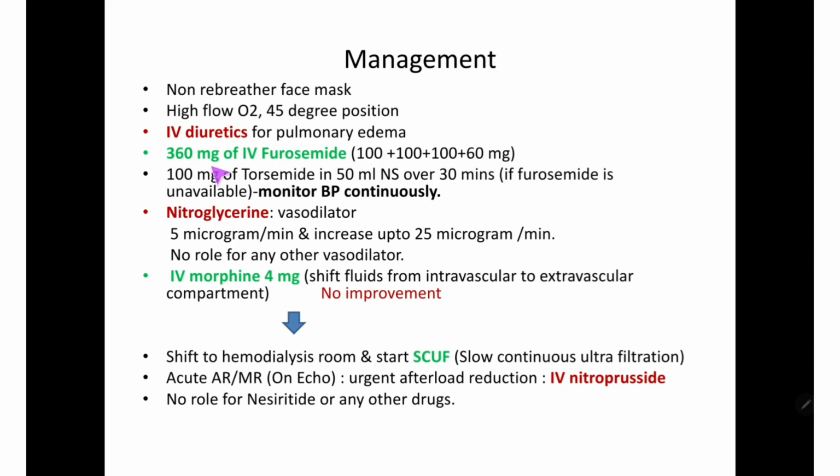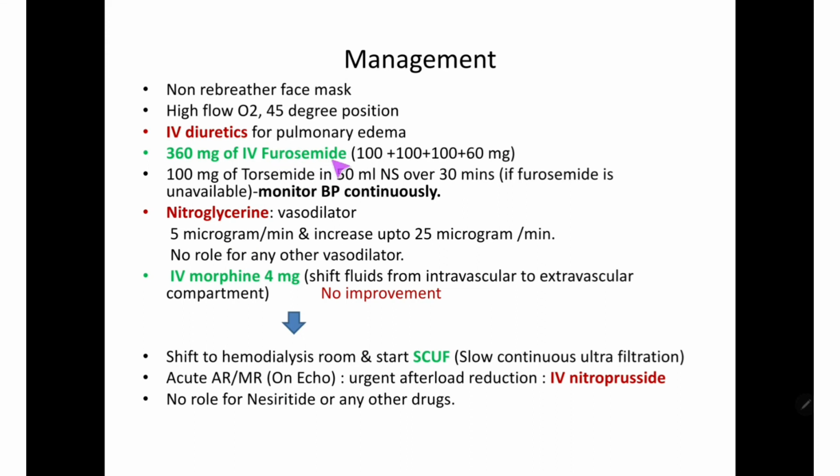We have to go for 360 milligrams of IV furosemide, given as 100 bolus, 100 bolus, 100, so a total of 360 milligrams is required. And if IV furosemide is not available, 100 milligrams of torsemide in 50 ml normal saline over 30 minutes is used.